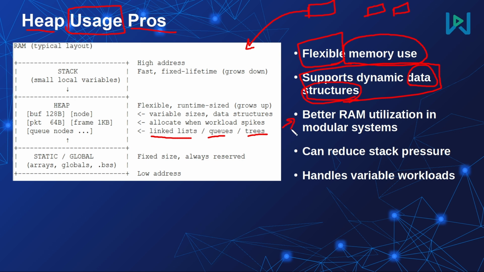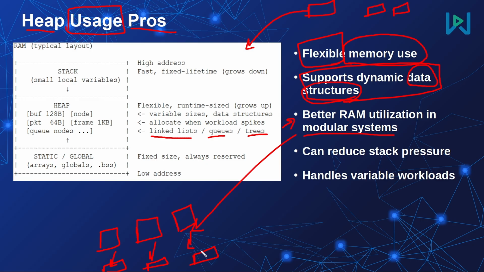Also, the heap will offer better RAM utilization in modular systems. Modular systems means our software-based system will consist of a set of modular software entities. Each of those entities will require, of course, a dedicated memory segment for the different variables and data structures allocation.